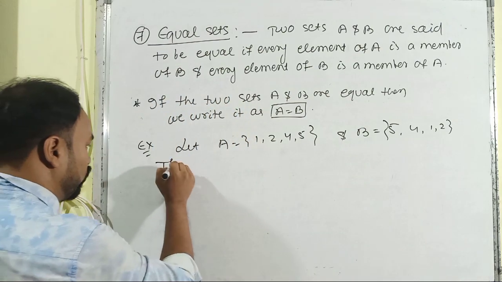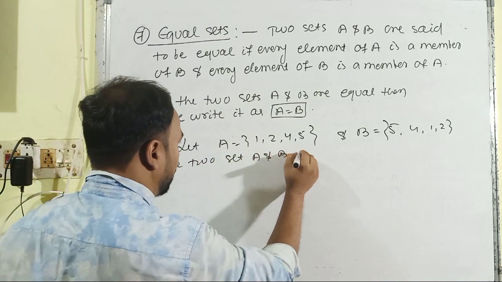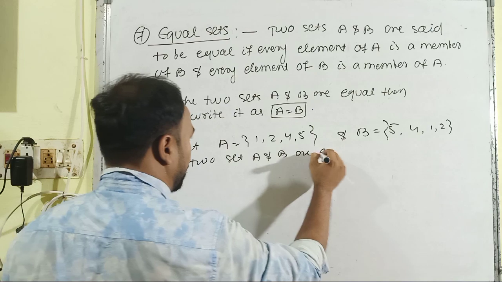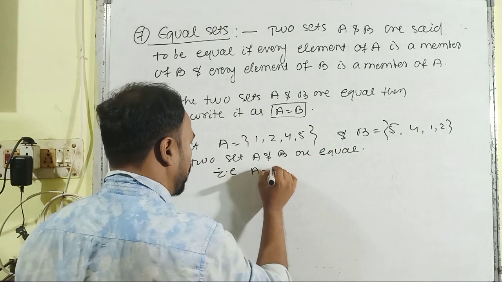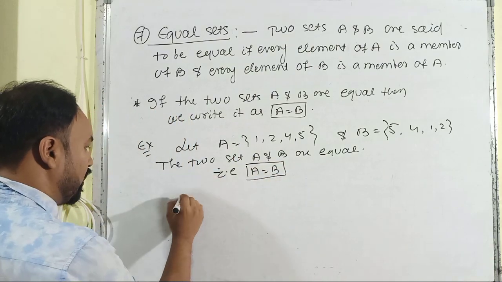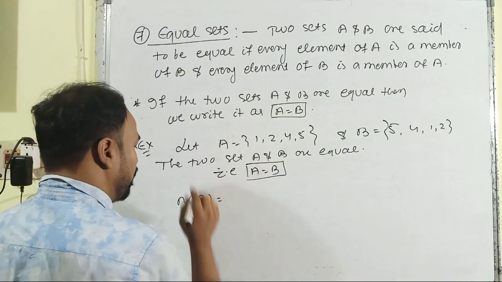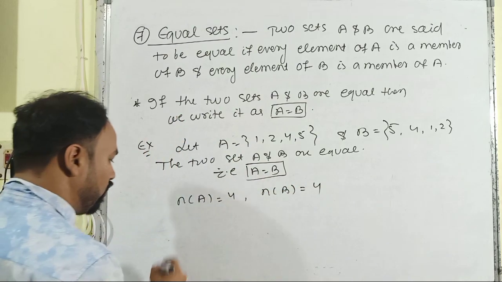So the two sets A and B are equal, that is, A is equal to B. Again, the number of elements present in the first set is 4, and the number of elements present in the second set is again 4.